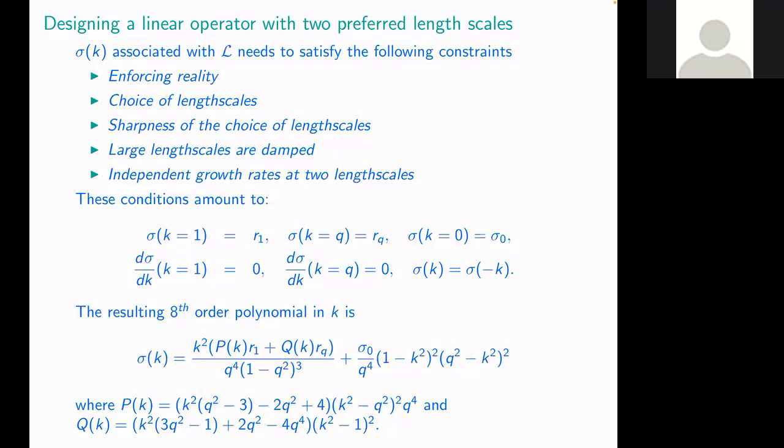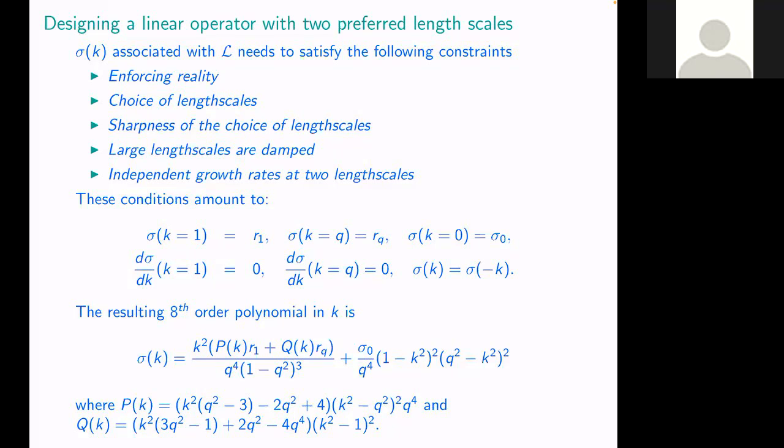So we want to be able to choose k equals q and k equals 1 and be able to vary this q as needed. We want sharpness of the choice. By that, we mean the dispersion relation must vary very significantly around these 2 peaks so that we avoid having a whole range of wavelengths becoming unstable or stable, because we're going to vary the stability of both the wavelengths.